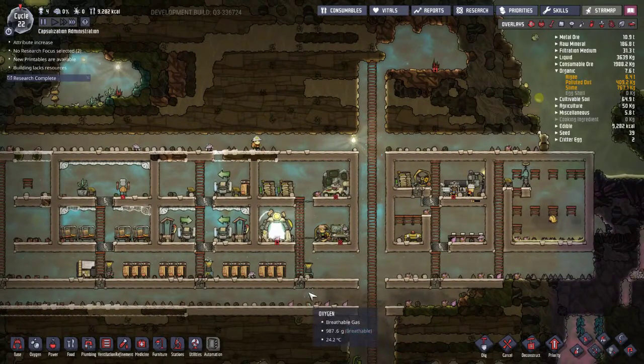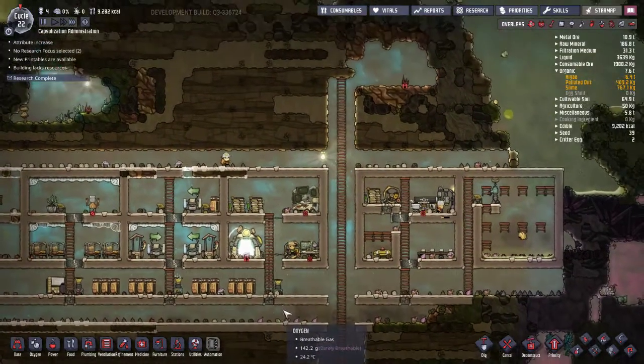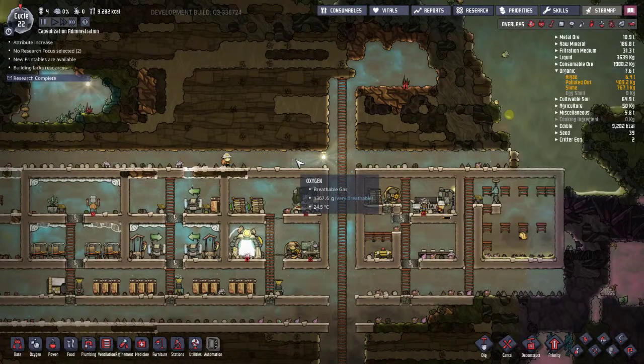This 2-space area, the 2-space hallway, is a service corridor for piping. And the 2-space hallway will always service the set of rooms below it.